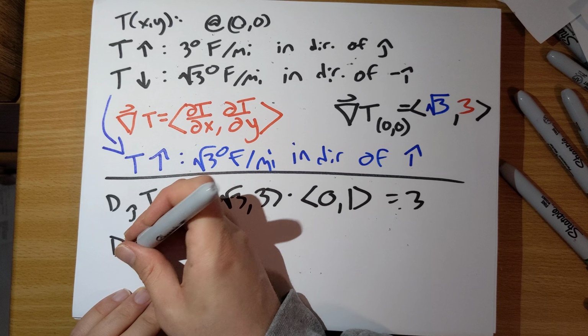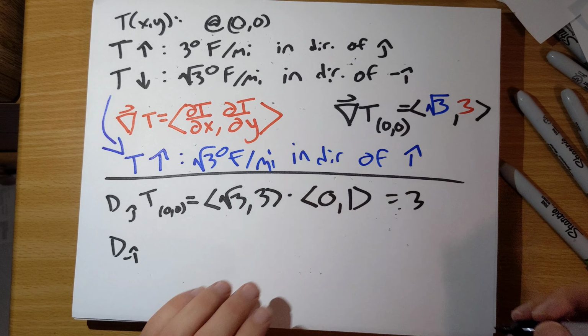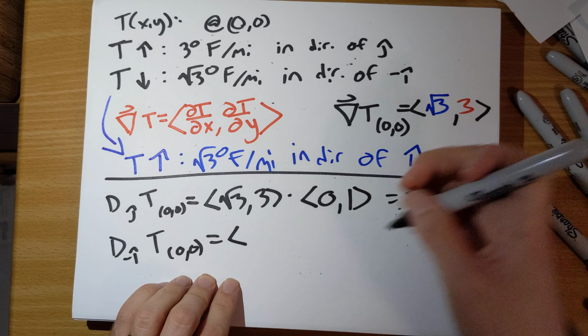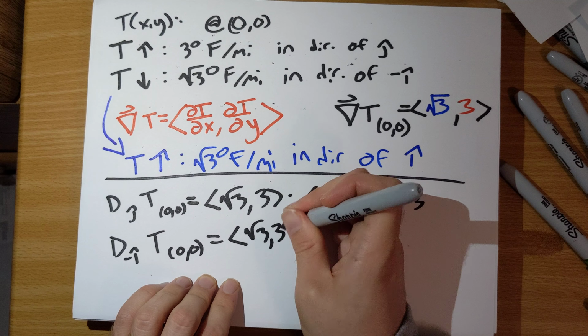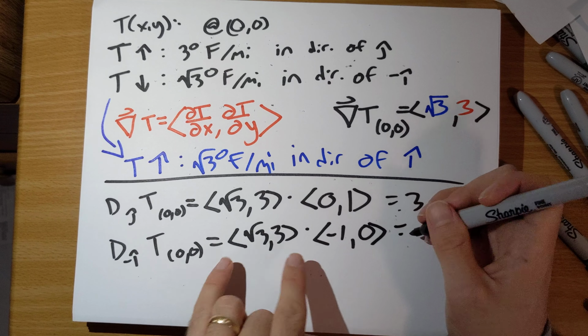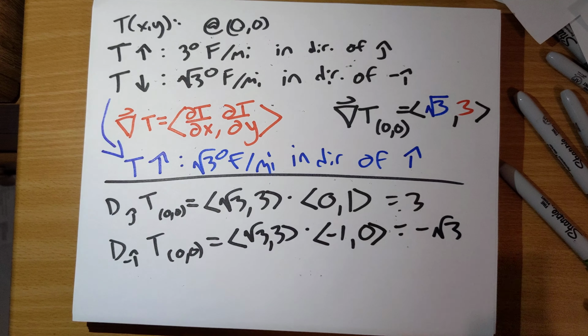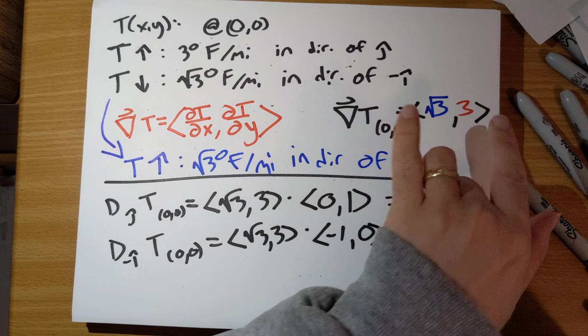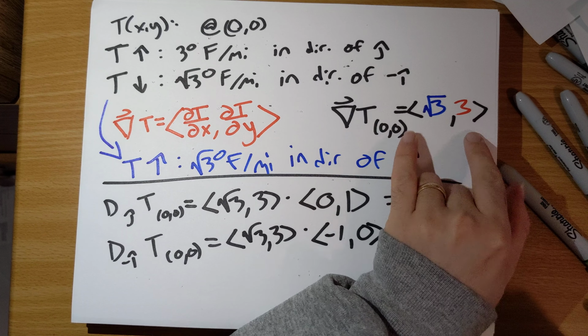And then the derivative in the direction of negative i hat of T at (0, 0) is the gradient dot product with negative i hat, and this is negative root 3. That's a root 3 degree decrease. Exactly what we wanted. Okay, so part A is done.